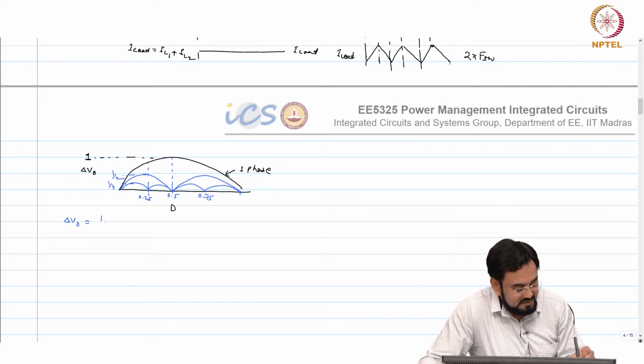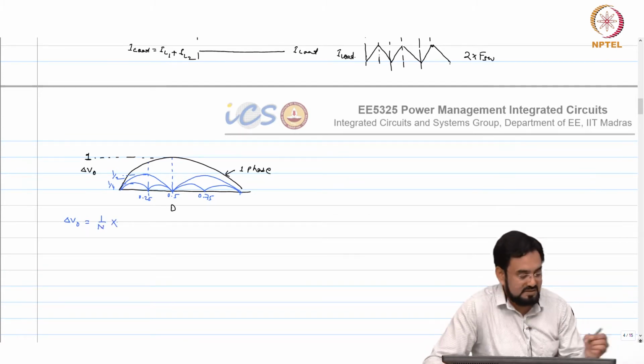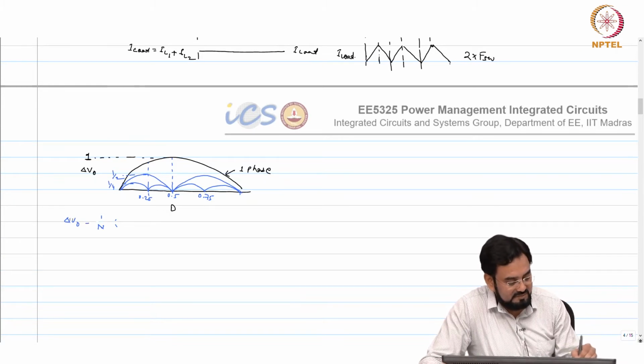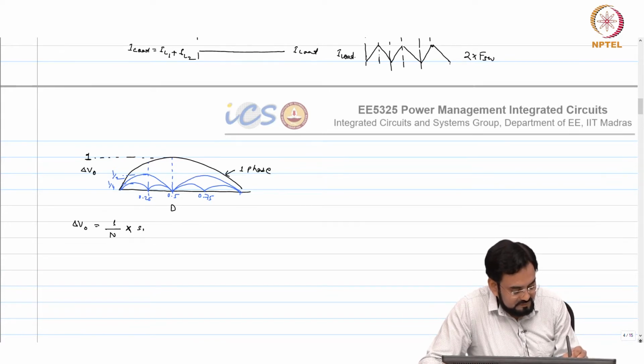So your ripple is actually 1 by n times single phase ripple.